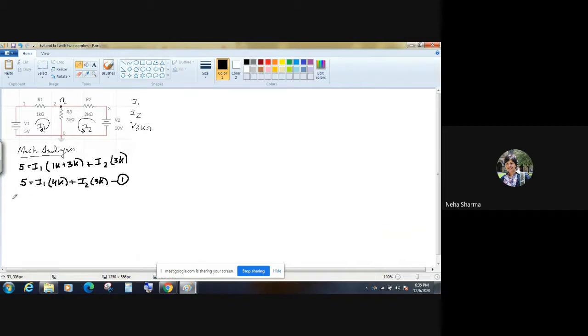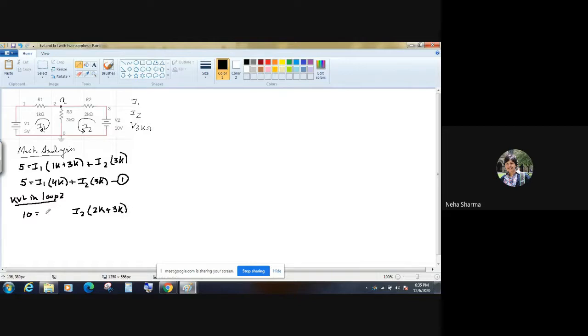When I apply KVL in loop 2, this time I get 10 is equal to, first I solve only for the second mesh, so I2 times 2K plus 3K.